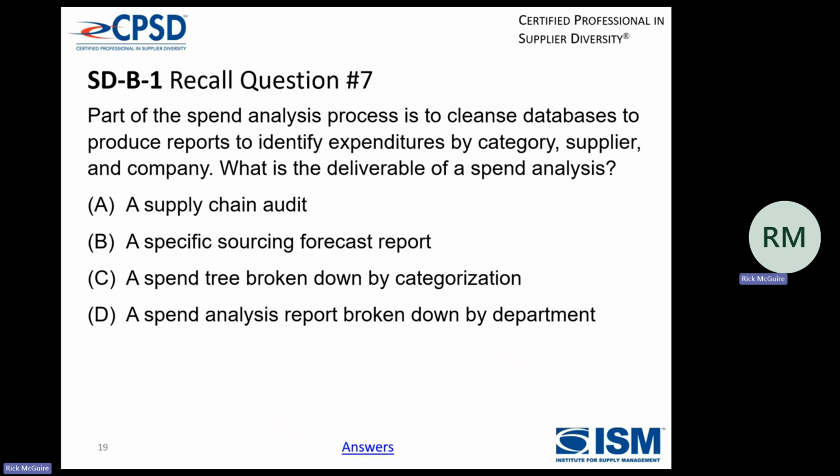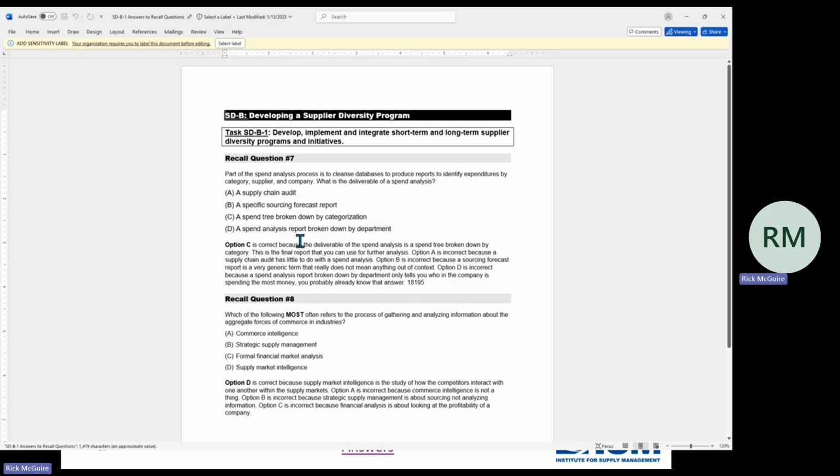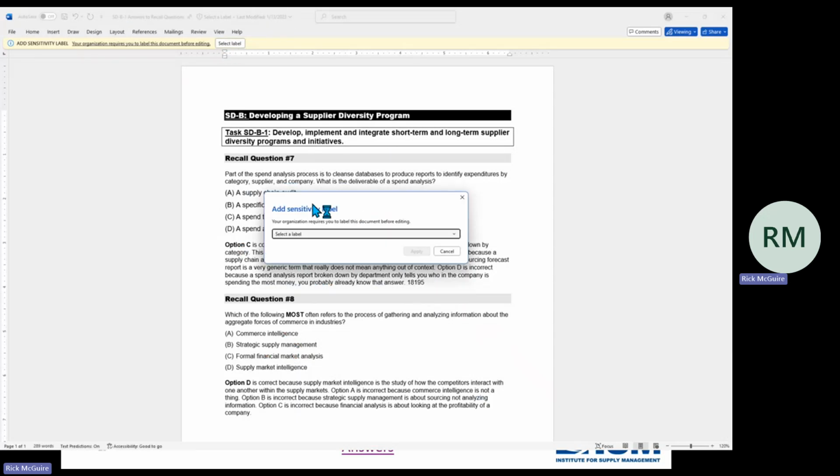Spend tree broken down by categorization? Definitely. Spend analysis report broken down by department? Probably not. So I'd say it's between B and C, and I would go with C because they talked about spend trees. And C is correct.